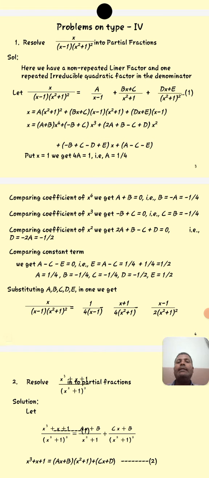Now we take the coefficients outside: (a plus b) into x to the power of 4, plus (minus b plus c) into x cube, plus (2a plus b minus c plus d) into x square, and also the remaining, plus (minus b plus c minus d plus e) into x, plus (a minus c minus e).